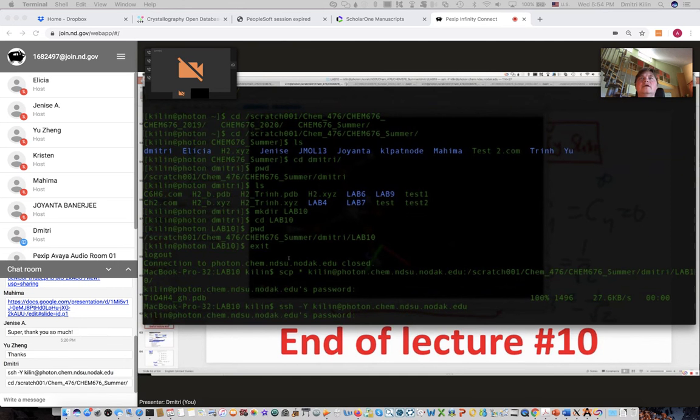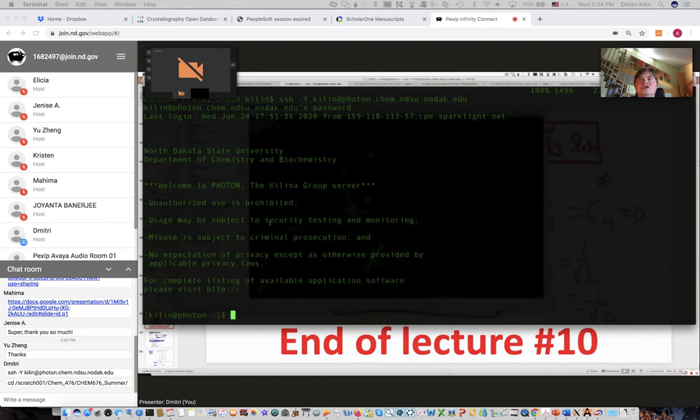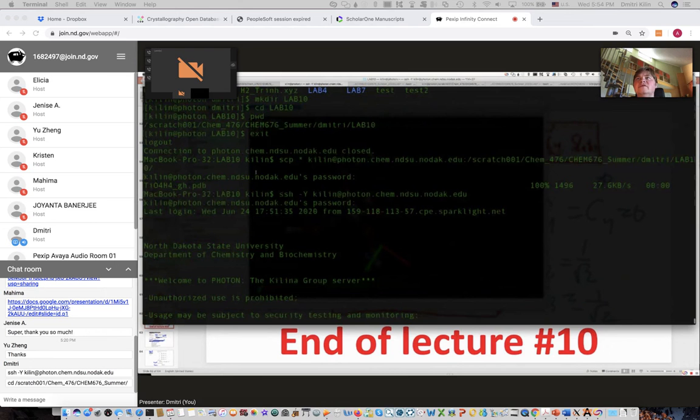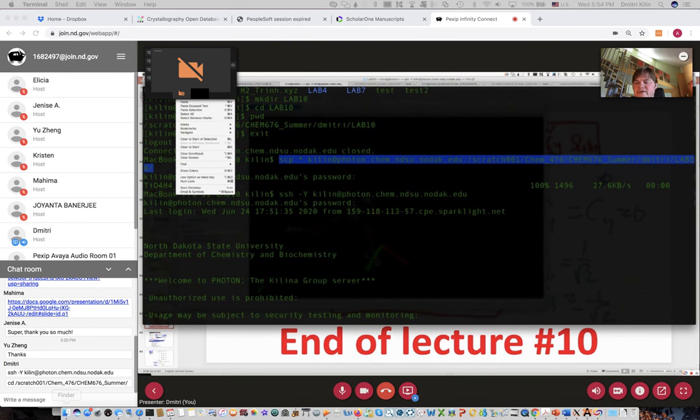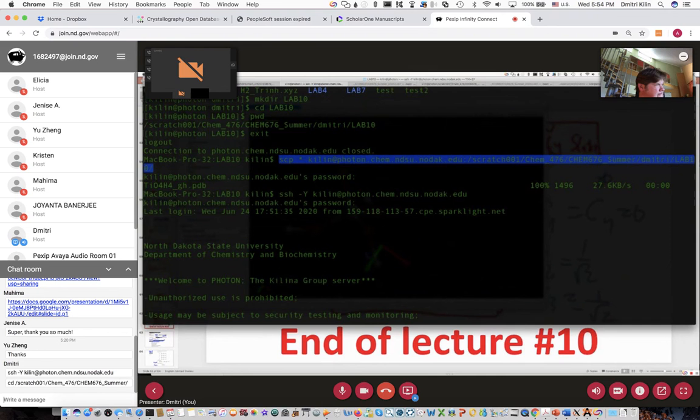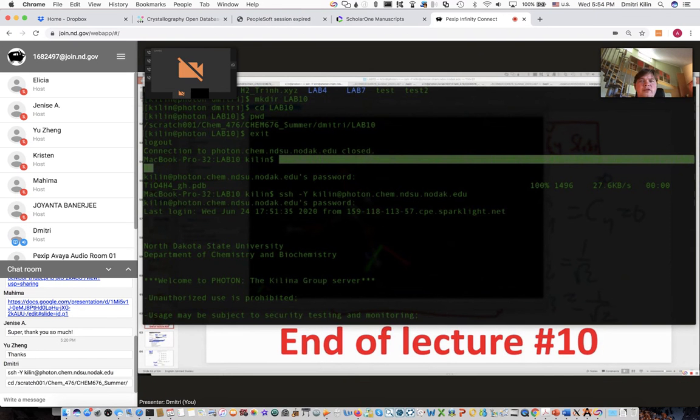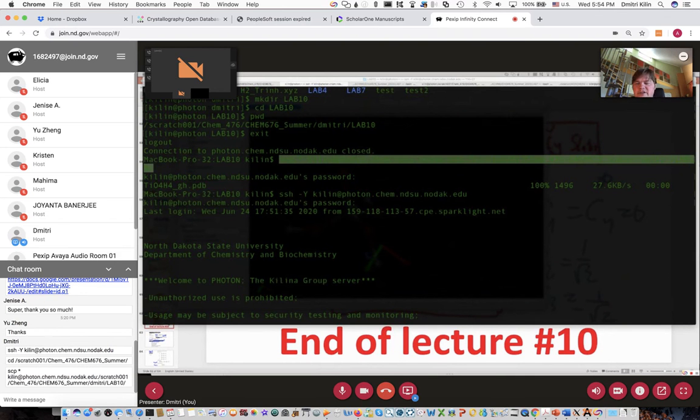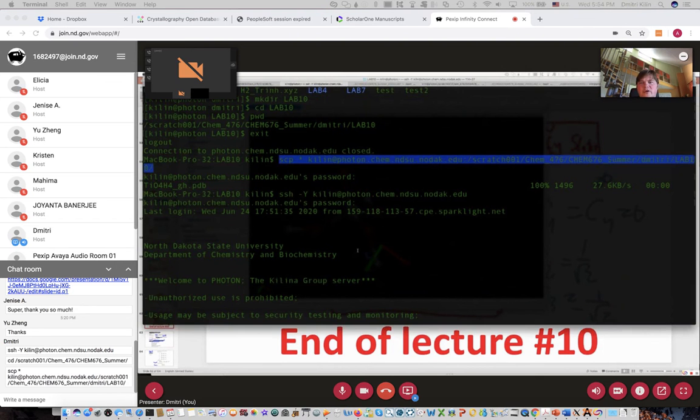Just in case, file transferring can also be done in MobaXterm: at the left panel there is a way to just drag and drop files. This scp command is just a replacement, which would work a little bit more reliably.